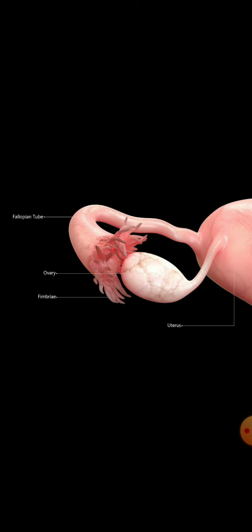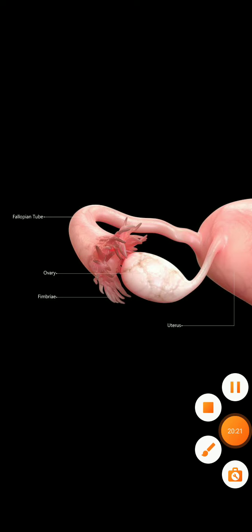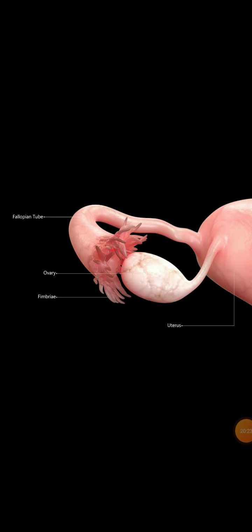The egg, the ovum, will degenerate itself, means it will break. So it can live about a day. So if during that 1 day the fusion between sperm and ovum has not taken place, then what happens? It will degenerate itself.